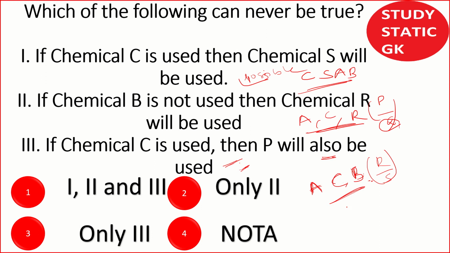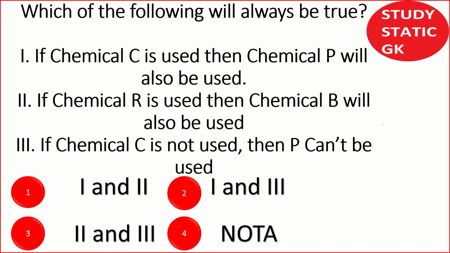C is used. This is a false condition. Without P, we are able to form the condition. So none of them is the answer. Right? Again, none of them. Next question.